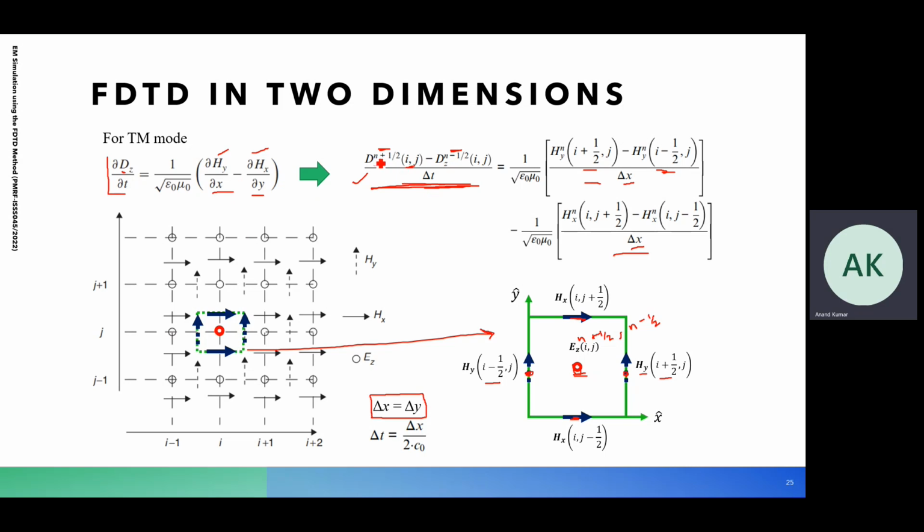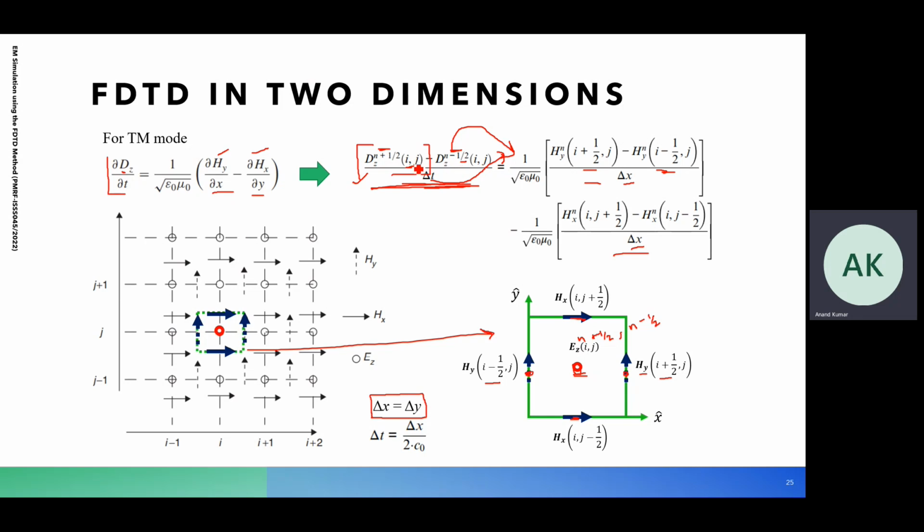Now all we have to do is rearrange them. So this is our term of interest. We can send this to the right hand side, multiply this over here, and then we get the final update equation, which has the electric flux density on the left hand side, which has to be calculated from the past values.